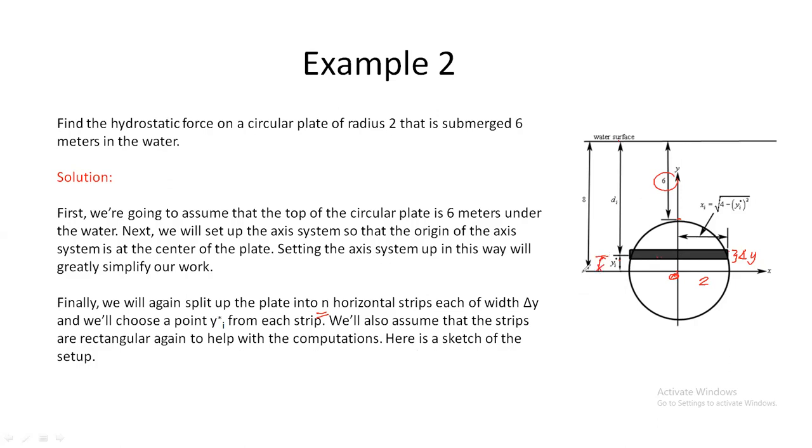That's your y sub I. Not from here going here, but from the 0 point here for vertical orientation going up. That's y sub I. Okay? It says here, and we'll choose a point y sub I asterisk from each strip. We'll also assume that the strips are rectangular again to help with the computation. And that's the sketch that we need to look into. Now, I'll proceed to the next slide.